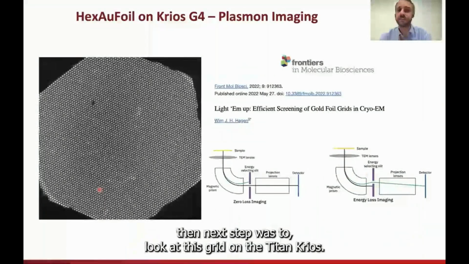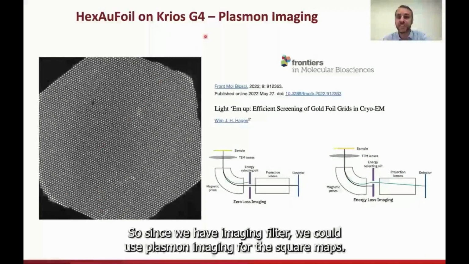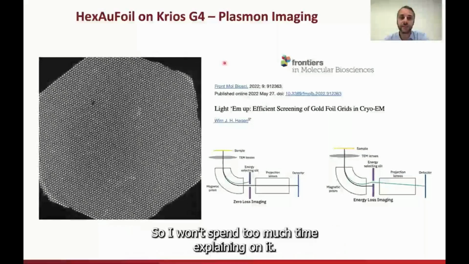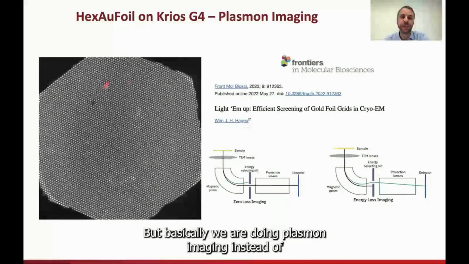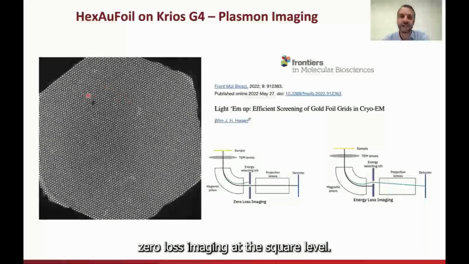Then the next step was to look at this grid on the Titan Krios, on our newly installed Krios G4. Since we have an imaging filter, we could use plasmon imaging for the square maps. I won't spend too much time explaining it, but basically we are doing plasmon imaging instead of zero loss imaging at the square level.